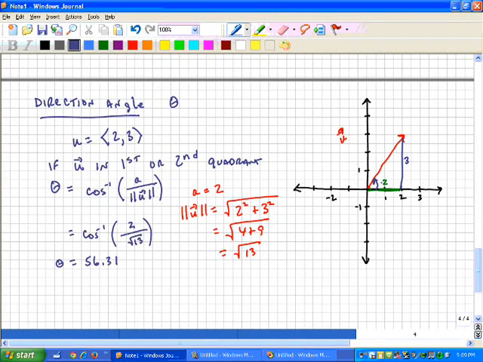The angle between the vector and the positive x-axis when the initial point of the vector is placed at the origin.